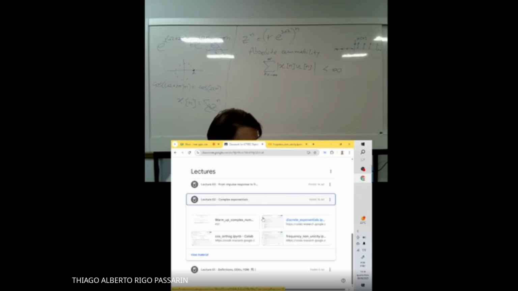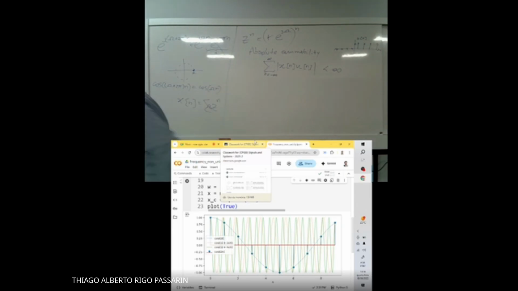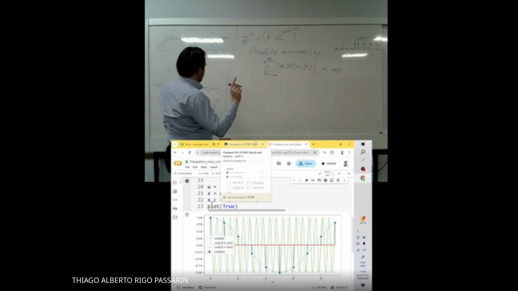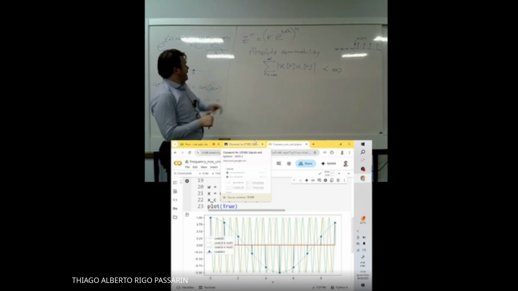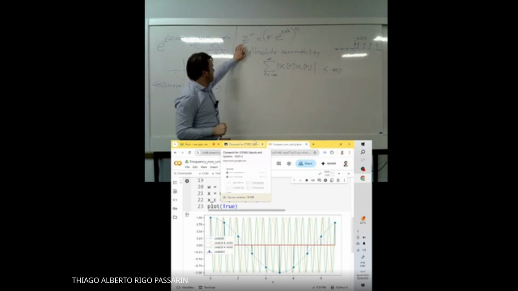Maybe they have to be band limited signals. Band limited signals, maybe. Time limited signals. But we're only allowed to define signals of this type.